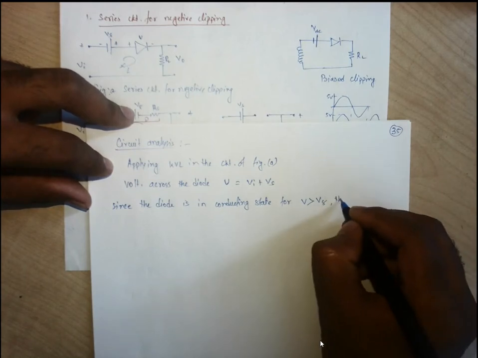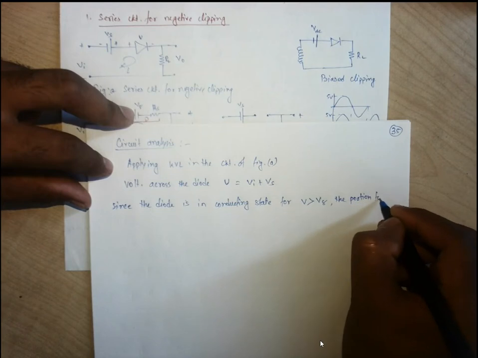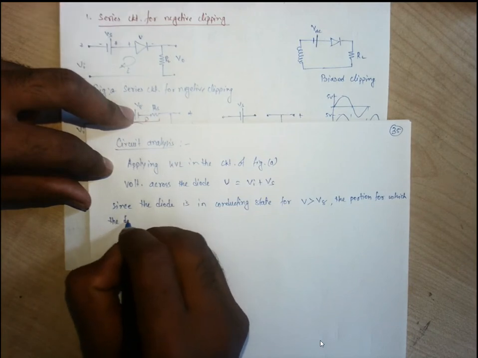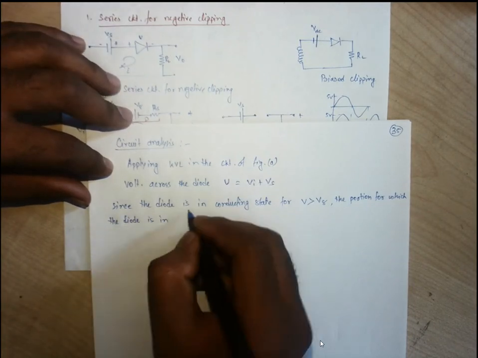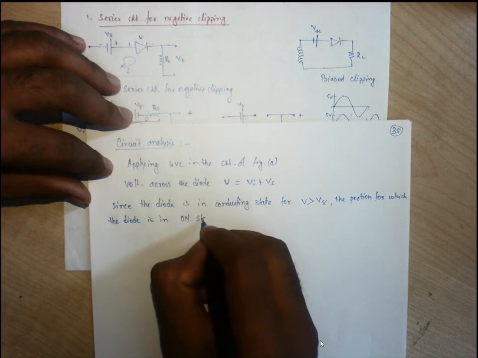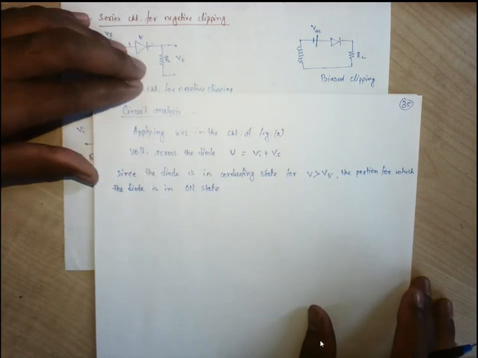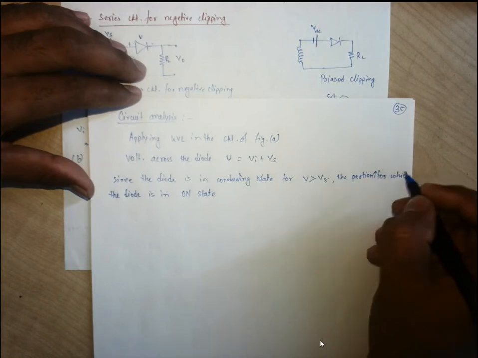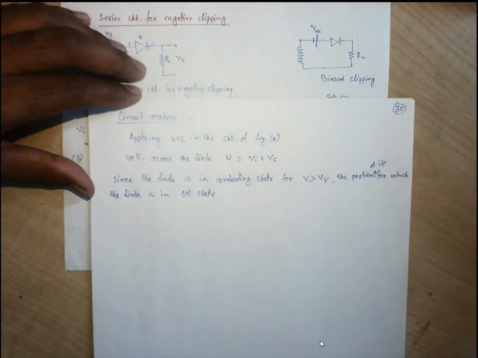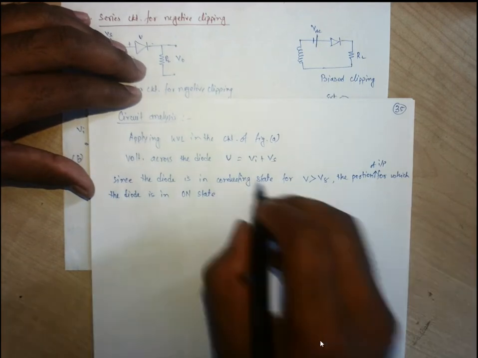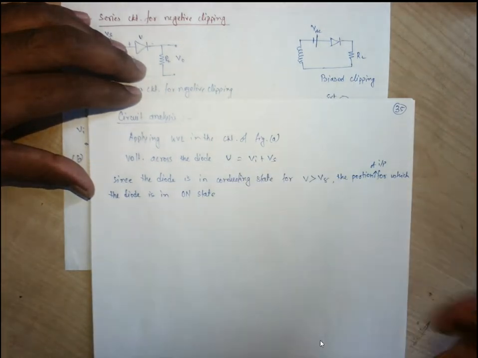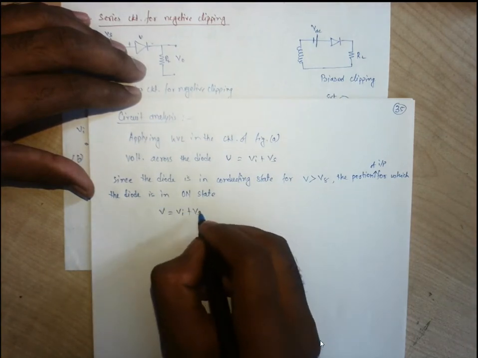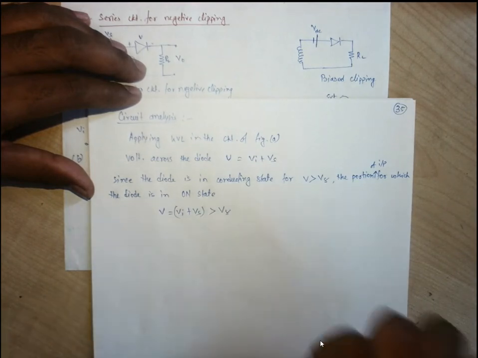The portion for which the diode is in the on state, how can we find it out? The portion means the portion of the input. I'm just writing here: portion of input for which the diode is in the on state. If we apply this condition, we can easily find out, because this V is Vi plus Vs, which is supposed to be greater than V gamma.